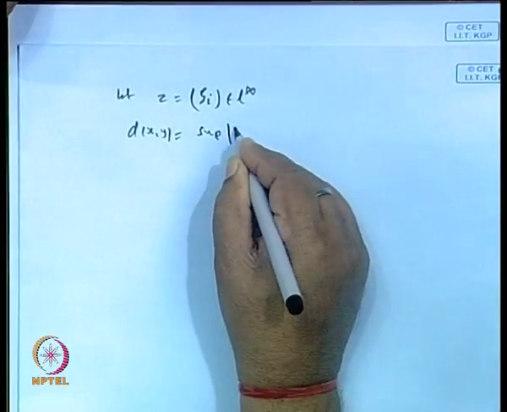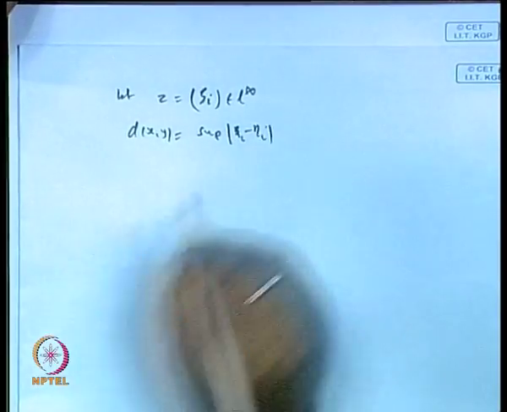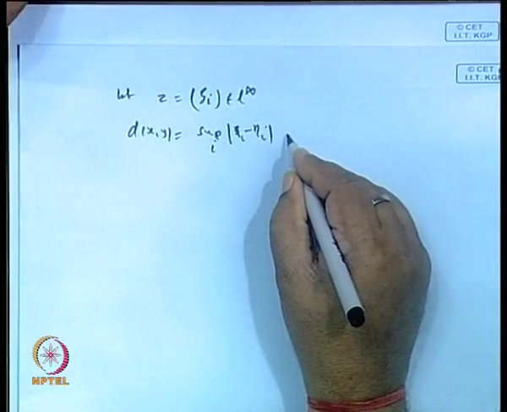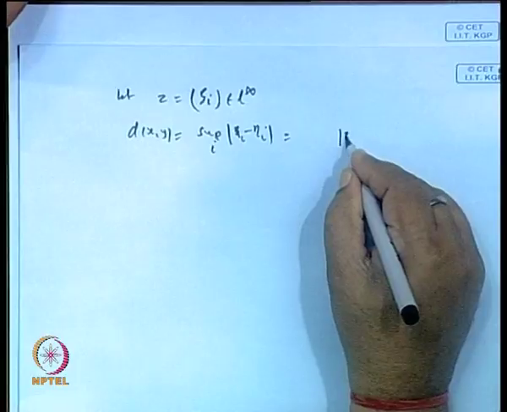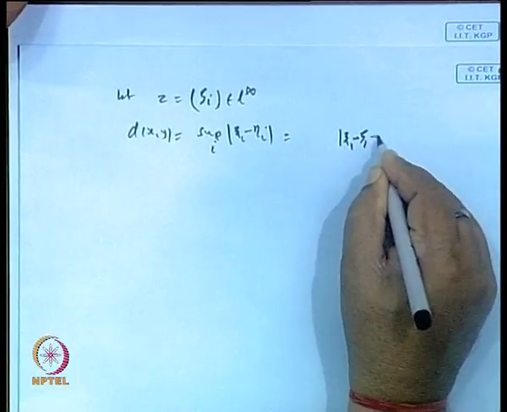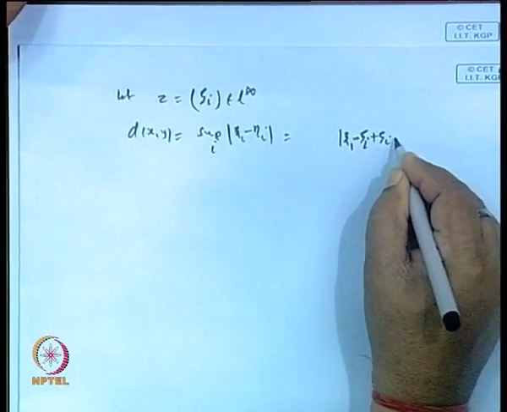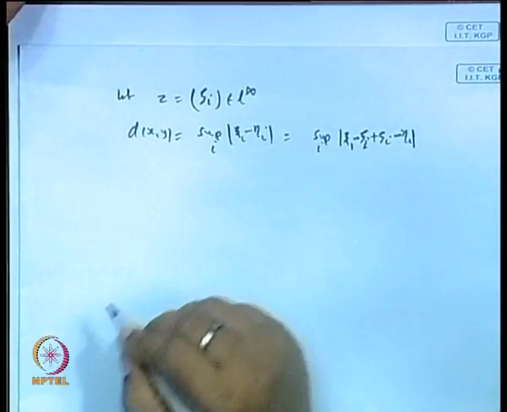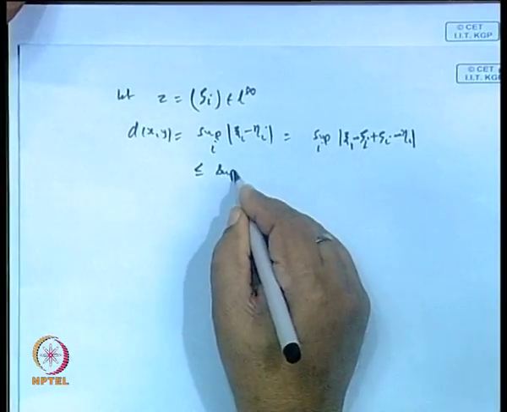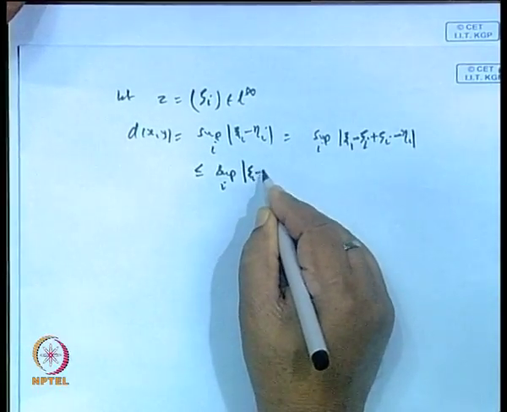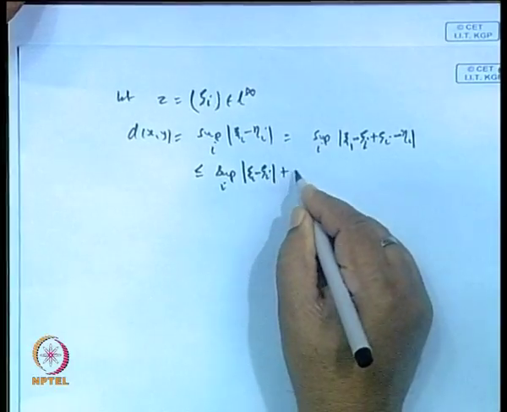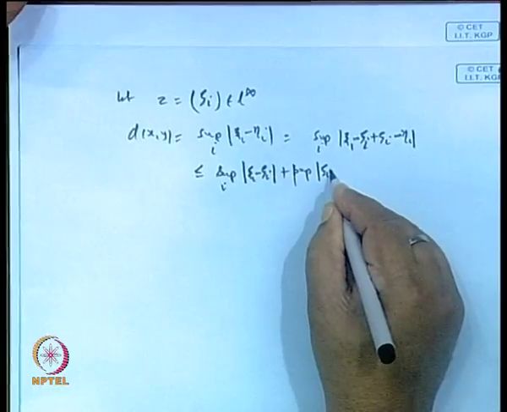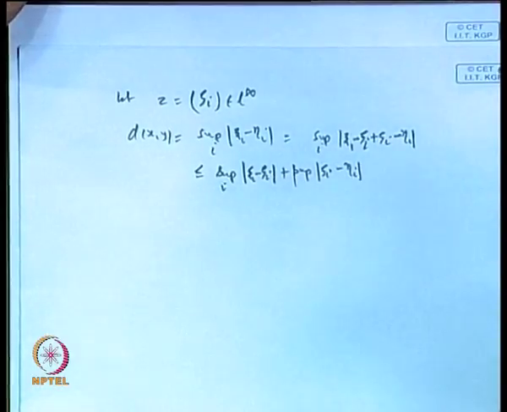Consider d of x, y, which is the supremum of |ξ_i − η_i| over i. Now, if I add and subtract, we get ξ_i − ζ_i plus ζ_i − η_i, and take the supremum over i. This will be further less than or equal to the supremum of |ξ_i − ζ_i| plus the supremum of |ζ_i − η_i|.